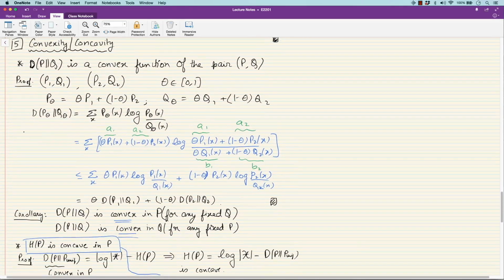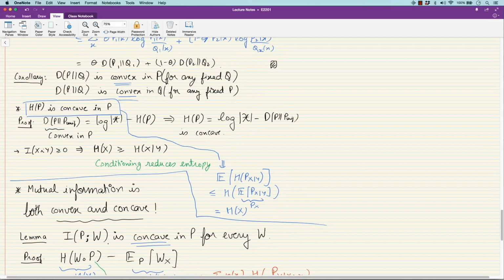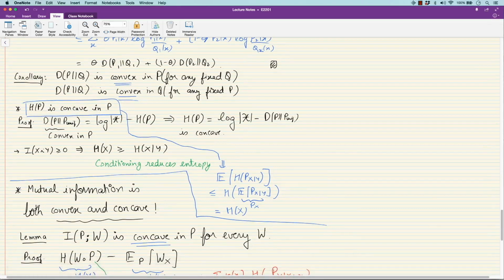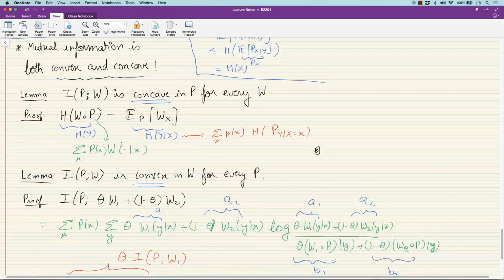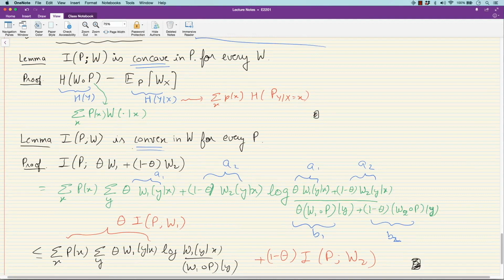Then we saw that divergence is jointly convex in the pair (P, Q), which further implies that divergence is convex in any one of its arguments, and which also implies that entropy is concave in P. Finally, we saw that mutual information is concave in the first argument P, the input distribution for a given channel, and convex in W.